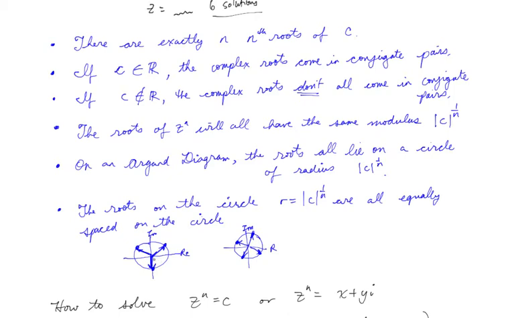You can see that in this example, this would be if I was looking for the cube roots of some complex number. Each of those roots would have a vector that looks like this on the Argand diagram, and they would be equally spaced. Notice here that because they're cube roots, they're spaced at 120 degrees apart. If I had 4 roots, they would all be spaced 90 degrees apart.